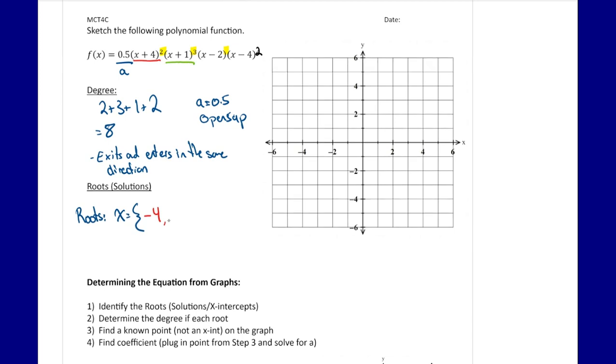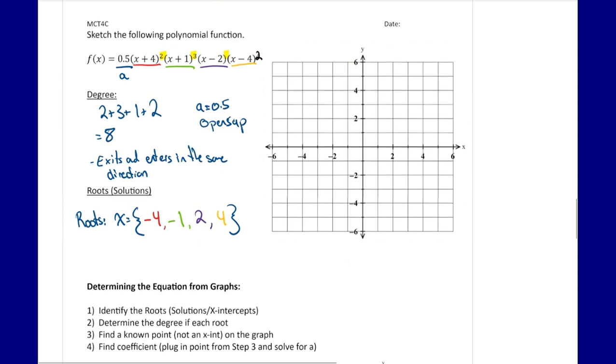The next one, x plus 1, gives me a solution of negative 1. Next, I have x minus 2, that gives me a solution of positive 2. And the last one, x minus 4, gives me a solution of positive 4. So those are my 4 different solutions, or my 4 different roots, or my 4 different x-intercepts.